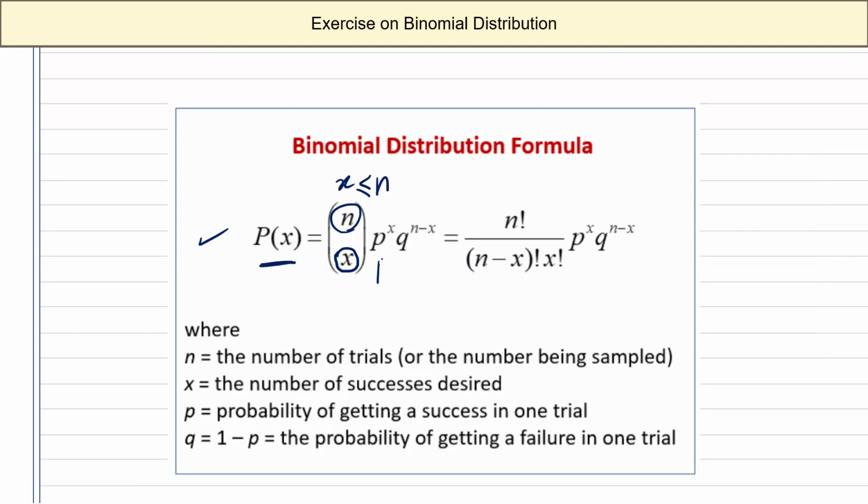P, the probability of success, is raised to the power x, the number of successes, times Q, the probability of failure, raised to n minus x, the number of failures. So n is the number of trials or the sample size, x is the number of successes desired, P is the probability of success in each trial, and Q is the probability of failure in each trial.